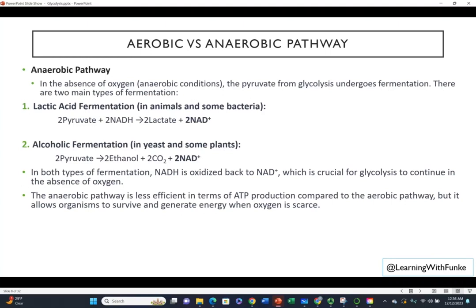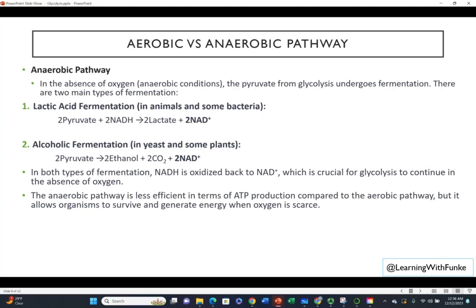So what we'll see is that cells undergo fermentation to regenerate this NAD plus, and in this process, NADH is oxidized back to NAD plus, which allows for glycolysis to continue producing ATP. This regeneration is very important because the supply of NAD plus has to be maintained for glycolysis to proceed.